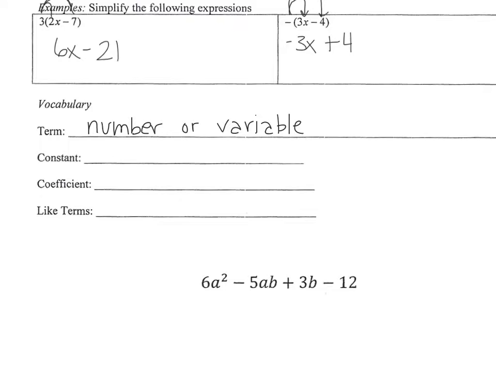So each term in an expression like this is separated by a plus or a minus sign. So this is a term right here, this is a term right here, this is a new term, and this is a new term. So a term can either be negative or positive. So this expression has 4 terms.